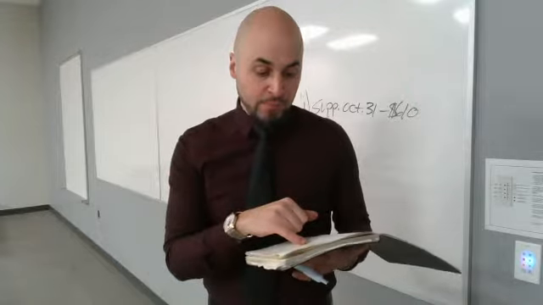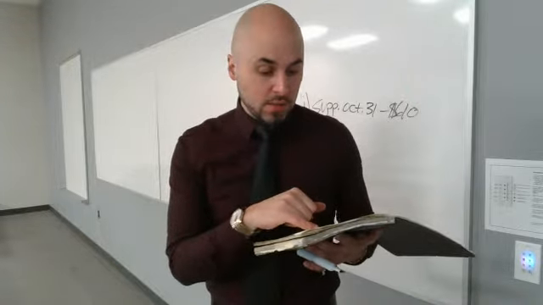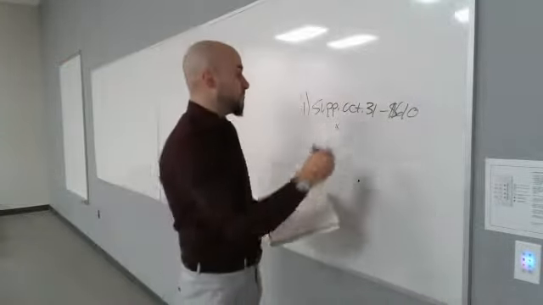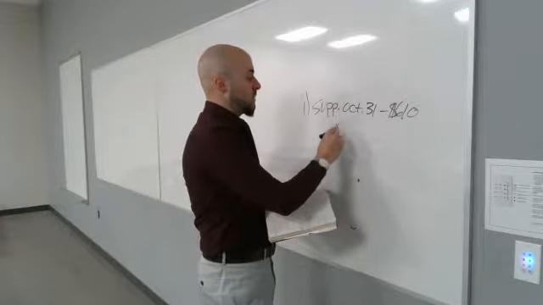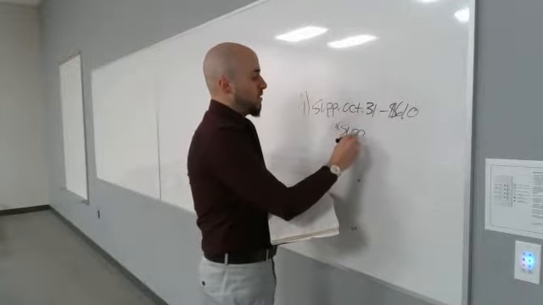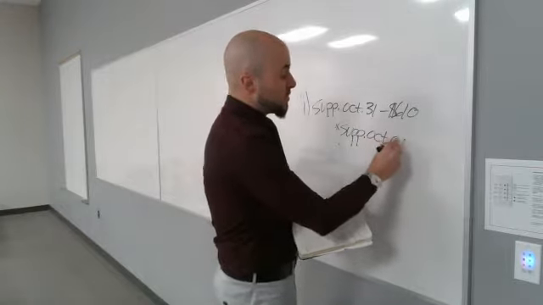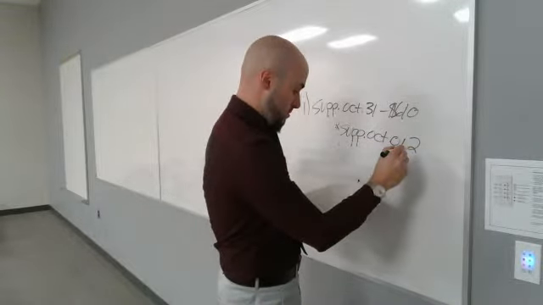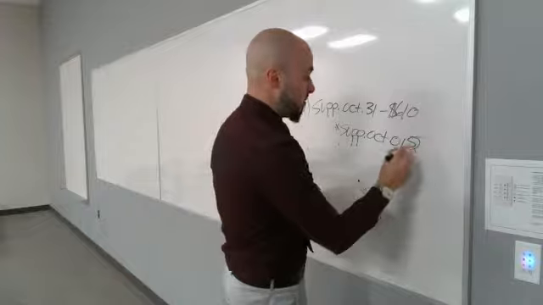So we go look at that. Supplies, 5,200. Supplies, October 1st, 5,200.